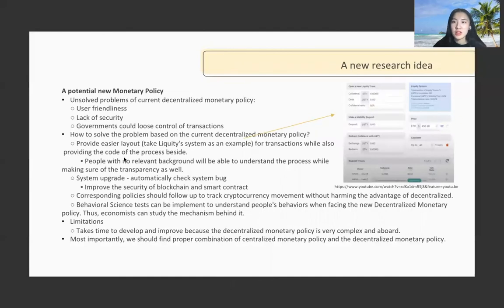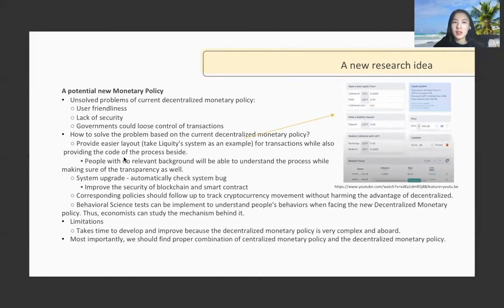Based on these challenges of decentralized monetary policy, I have proposed this research idea. Besides user friendliness and lack of security, there's also an unsolved problem, which is that the government might lose control of transactions. So how do we solve these three problems based on the current decentralized monetary policies?